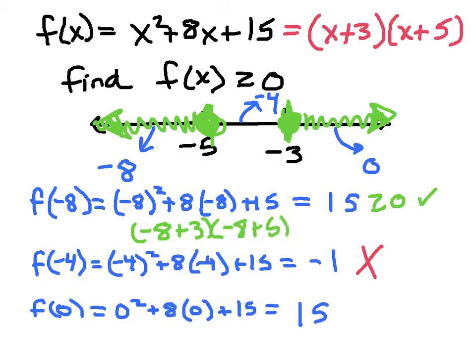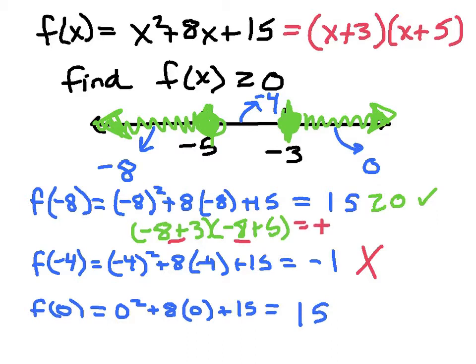Negative 8 plus 3 is going to be negative. Negative 8 plus 5 is going to be negative. I don't even really need to simplify this. A negative times a negative will result in a positive number.